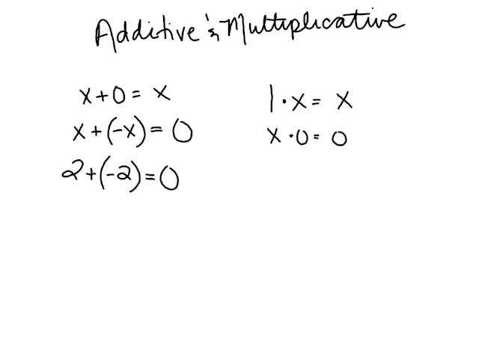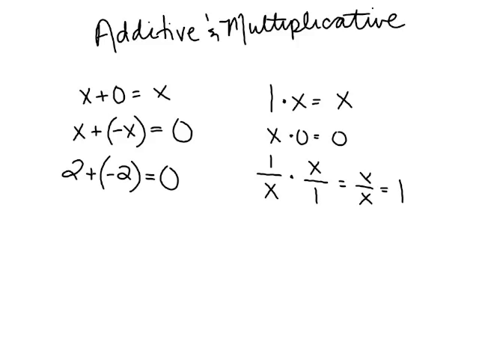X times 0 equals 0. What about 1 over x? We talked about using the reciprocal. What is the reciprocal? X over 1. So if I multiply that through, what do I get? 1. I'll get x over x, which equals 1.